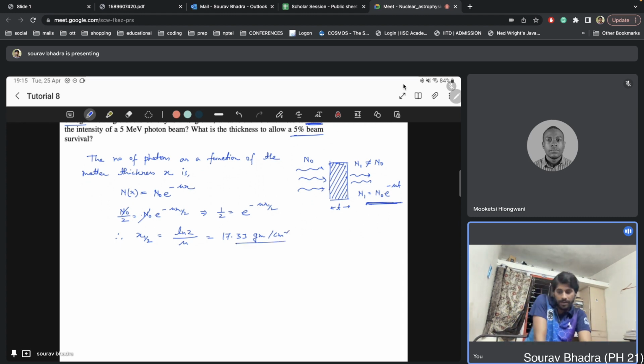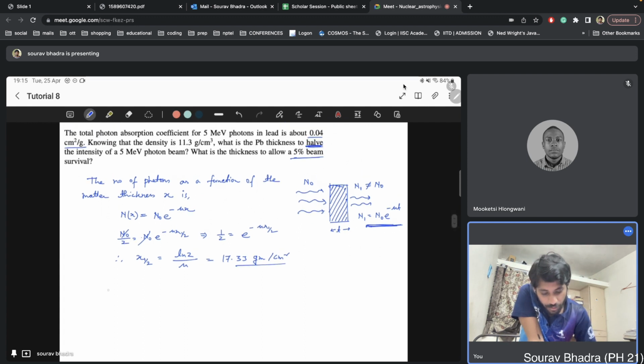So this will be your answer in terms of gram per centimeter square. So this is the thickness, and it is given that the density rho of lead is 11.3 gram per centimeter cube. So from here you can calculate what will be the thickness in terms of centimeter.